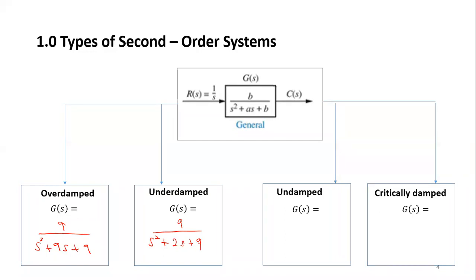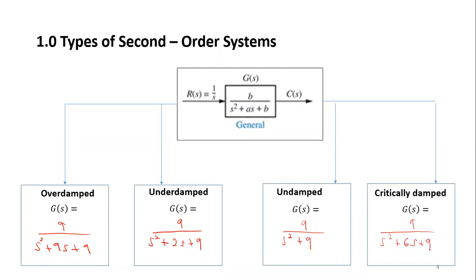For the undamped second order system, the transfer function is 9 over S squared plus 9. And if the second order system is critically damped, the denominator will be something like S squared plus 6S plus 9.